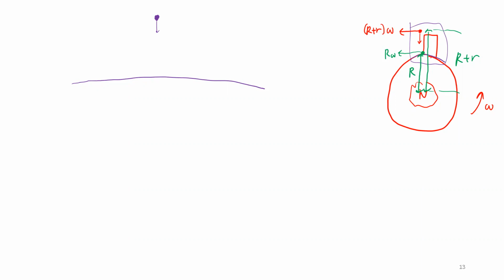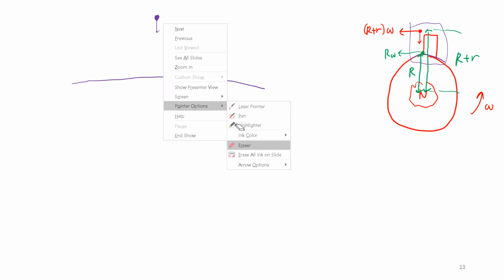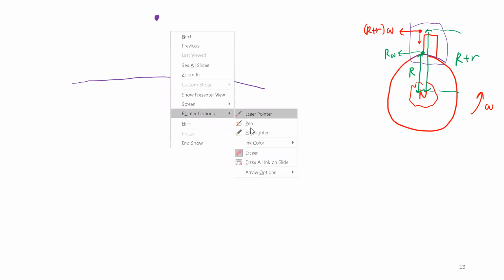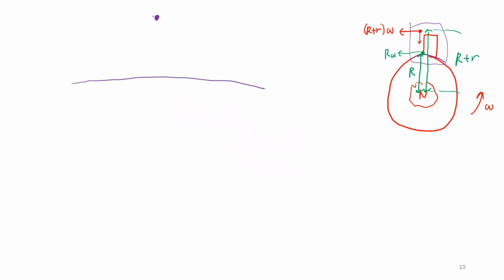So before you even drop the ball, while you're still holding it, it already has this velocity. And the point on the ground directly below the ball is also moving to this side with its own velocity.